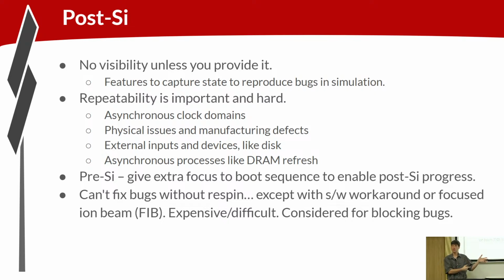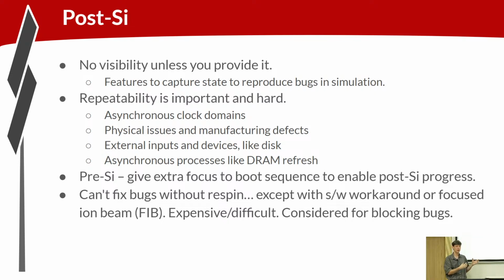This just has to happen periodically, every, I don't know what the numbers are, but every million cycles you have to send a refresh to the memory. So if you happen to hit a bug, and that bug is sensitive to the timing of the activity in the memory, if you're going to reliably reproduce that bug, you have to reproduce exactly the same synchronization of the memory refreshes, right?